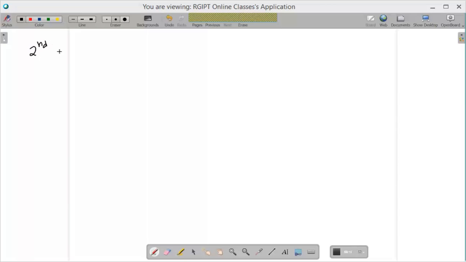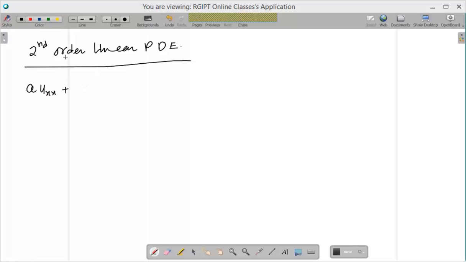So second would be second order linear PDEs. I'll just introduce it and then we'll wind up. So here the form I'm going to write is, since it is second order, I'll have two derivatives present.